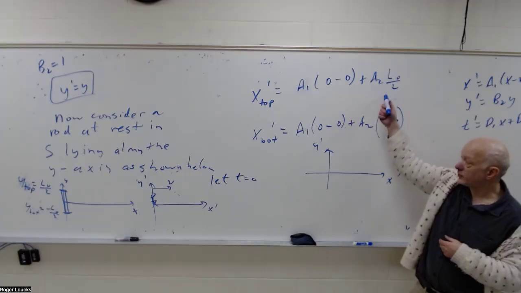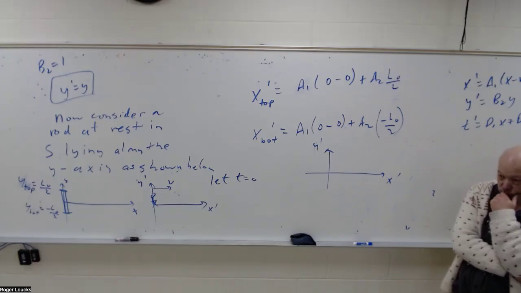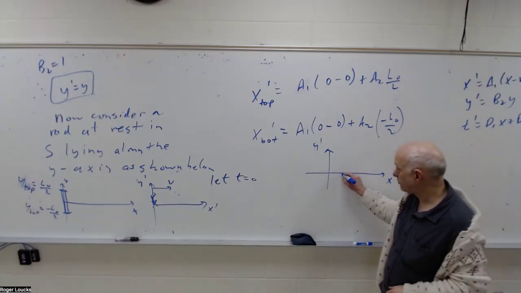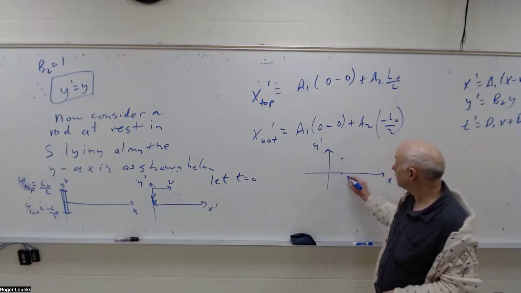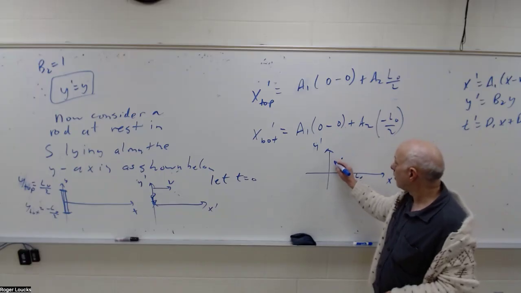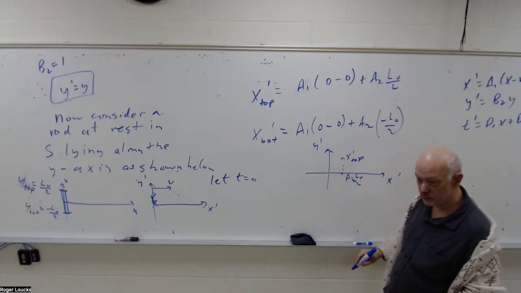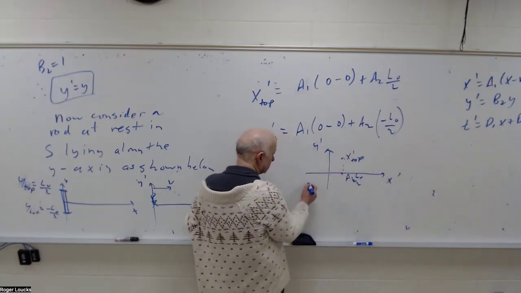If this is the top, and this is the bottom, the top would have to be over here. This would have to be our a2 over 2, so that would have to be our top value. Our bottom value would be over here.